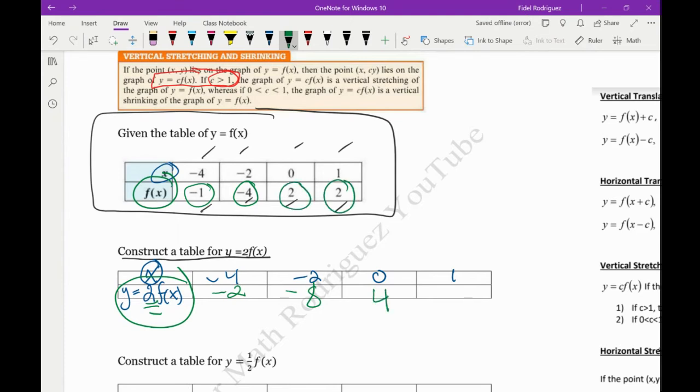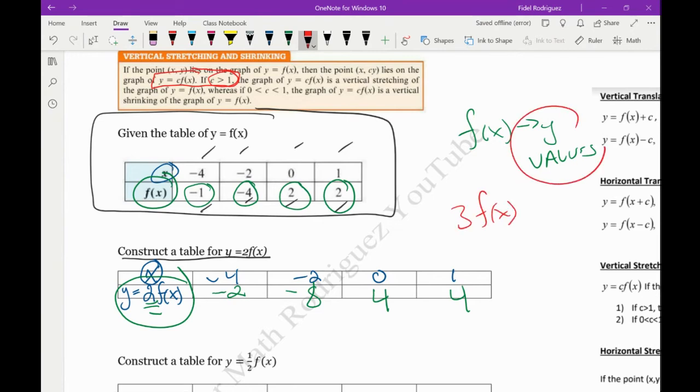And 2 times 2 again is still 4, and that's all I'm doing, right? And the reason that I know that that's all it is I'm going to do is because, remember, my f of x numbers, guys, are my y values, okay? So if I have a number in front of here, like 3f of x, that's telling me take those y values and multiply them by 3, or multiply them by 7, or multiply them by 1/2, whatever happens to be, okay?